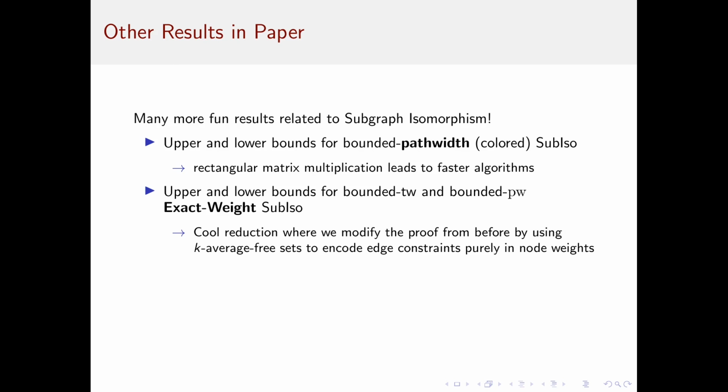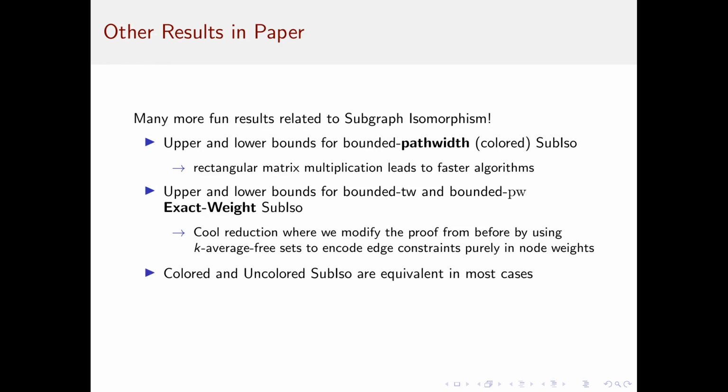And when showing the lower bound, we actually construct a kind of cool reduction where we modify the proof from this talk by using something called k-average free sets to encode certain edge constraints purely in node weights.